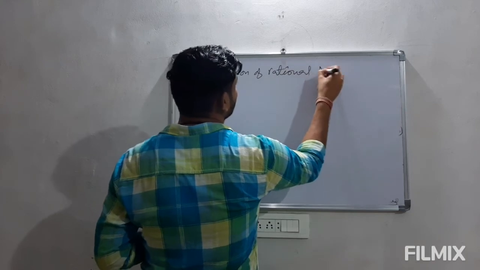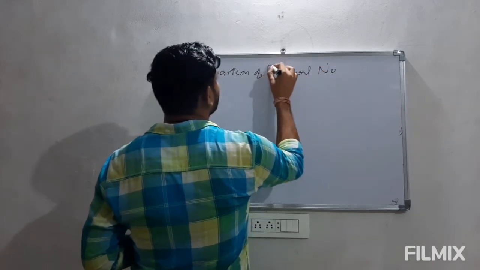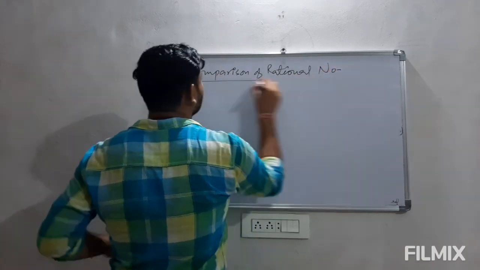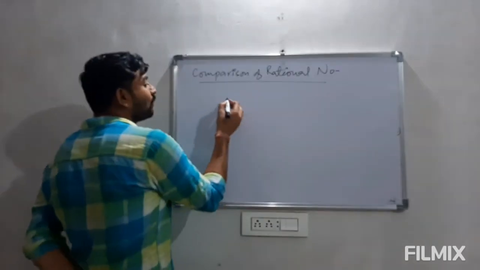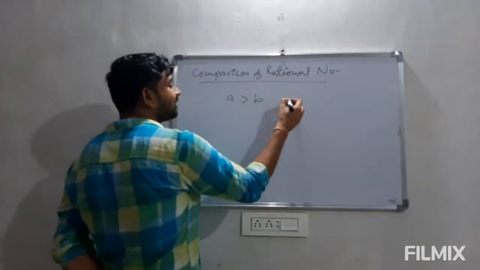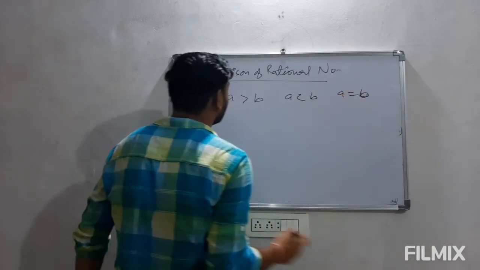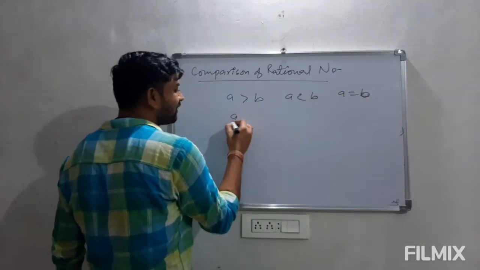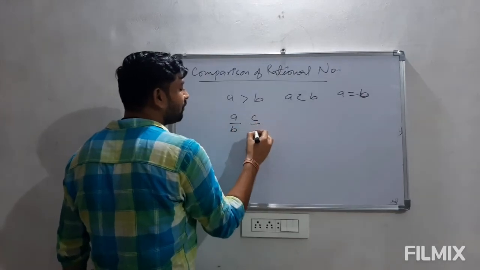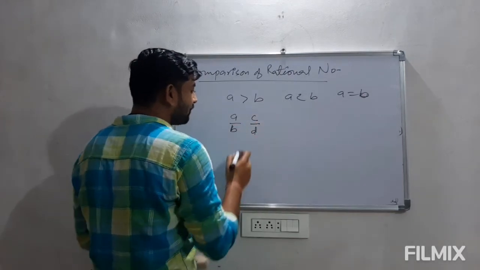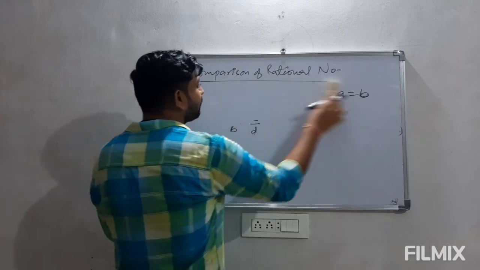rational numbers. So here in comparison it's very simple, like we want to compare A is greater than B or A is less than B or A is equal to B in simple numbers. Here we have fractions, so we can write A upon B and C upon D. Suppose these are two rational numbers, so we just want to compare them.